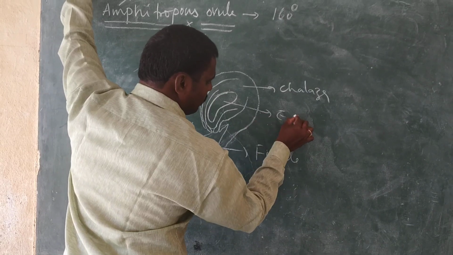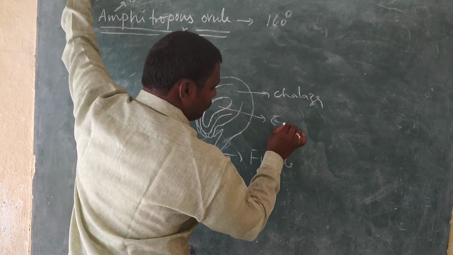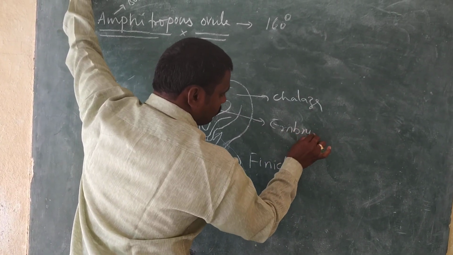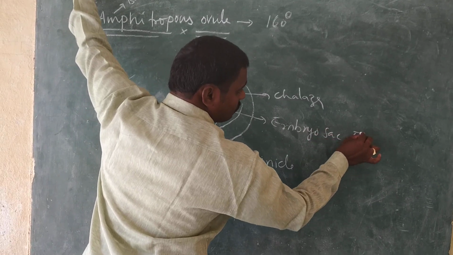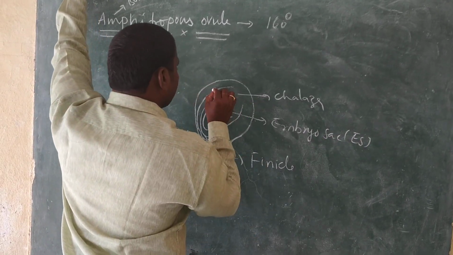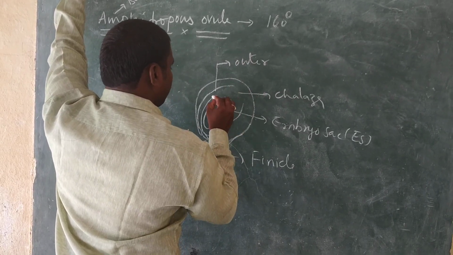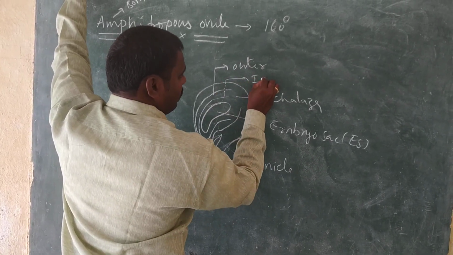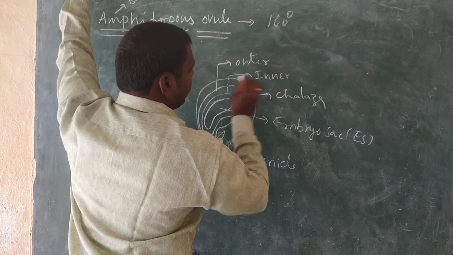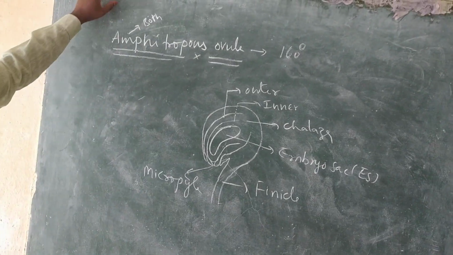ES is nothing but embryo sac. And these are the integuments, outer integument and inner integument.